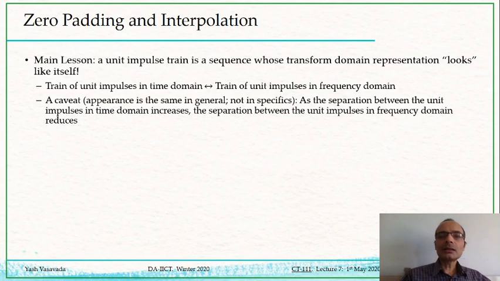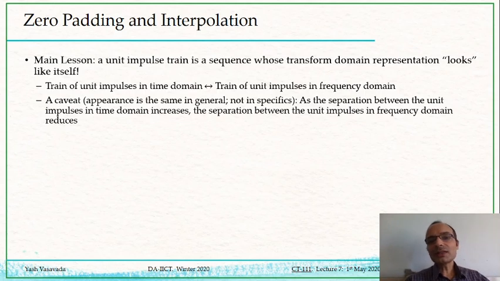So one thing that we should remember, and make it a kind of a major theoretical equality to come to grips with, is that a train of impulses, whether you look at it in time domain or if you look at it in frequency domain, they have the same appearance. It is a unique type of signal which looks about the same whether you have one viewpoint or the transform domain viewpoint.